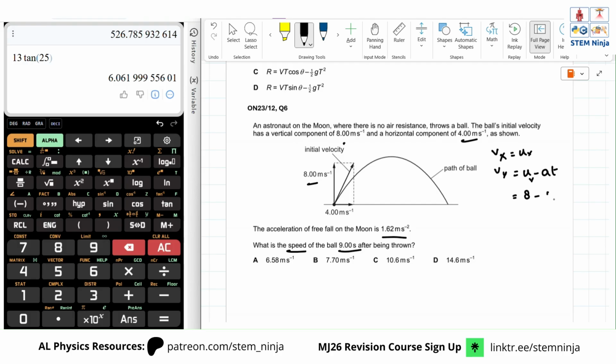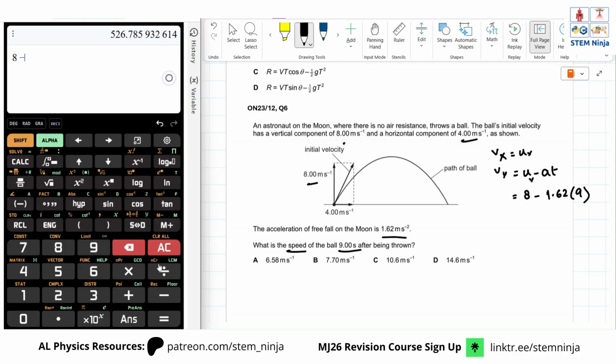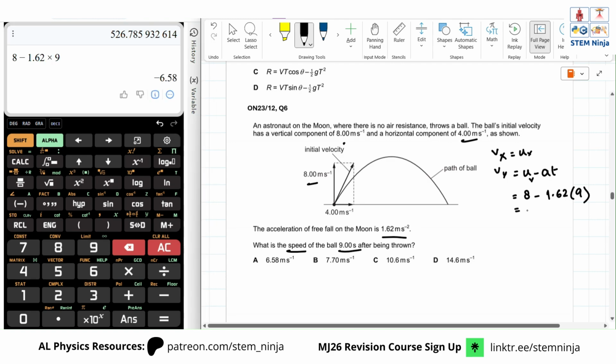This time we will use the acceleration due to free fall, 1.62, times 9. So this would be 8 minus 1.62 times 9, which is minus 6.58. That means the velocity would be acting downwards.